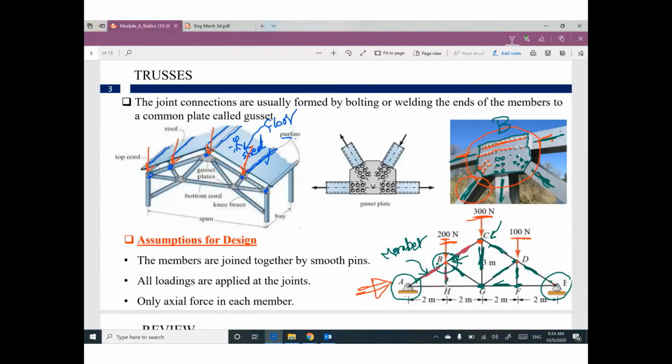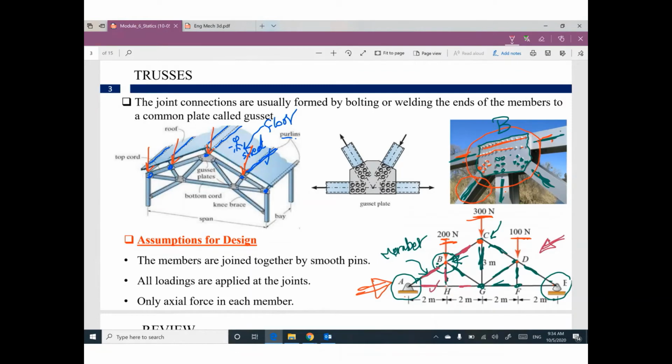So your target, your final conclusion from this structure, is to figure out the forces in these members. In your exam and homework, I will give you a truss and ask you to figure out the internal forces in these members.